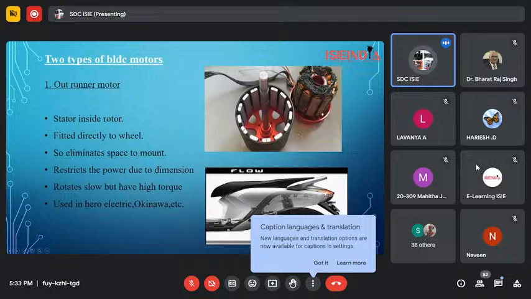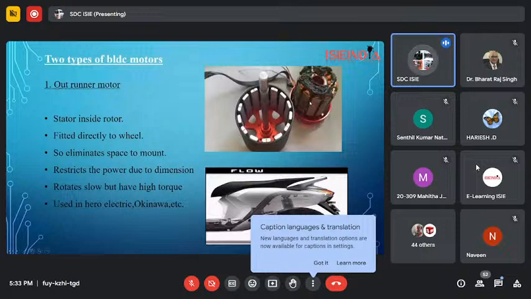So what happens here? The tire or the wheel is directly placed on this rotor. We can see these white lines here. This is the hub motor. This is the hub of the motor. And we have placed the wheel directly on this hub. And this is our stator.